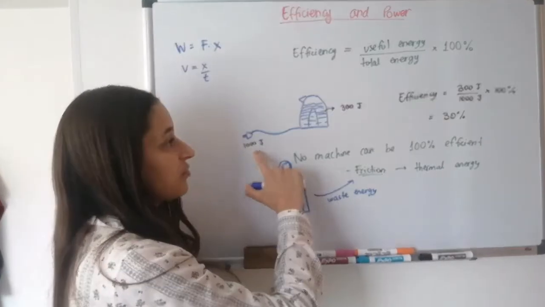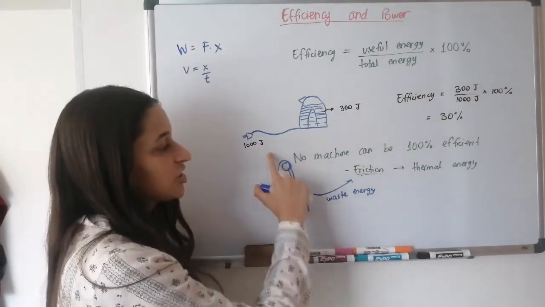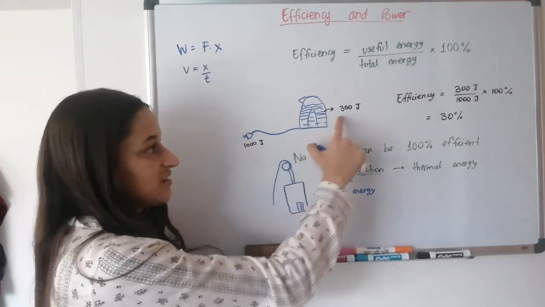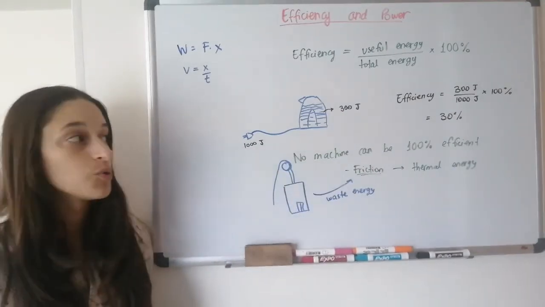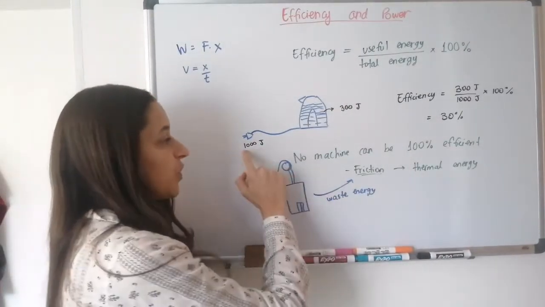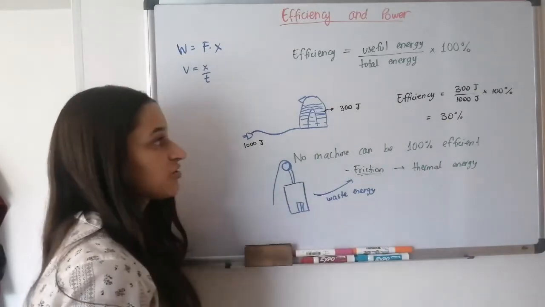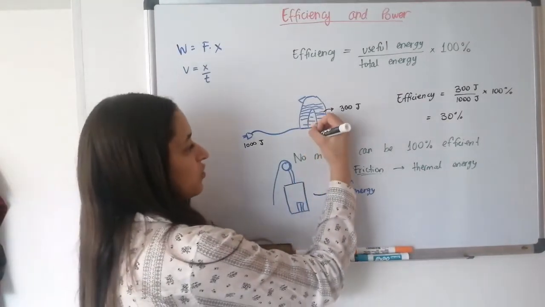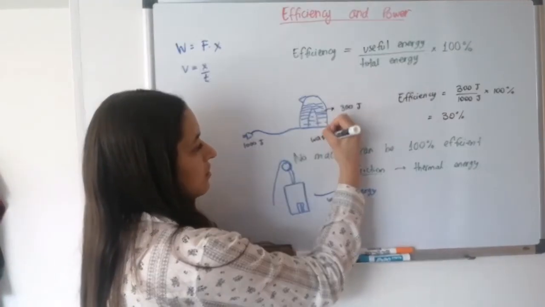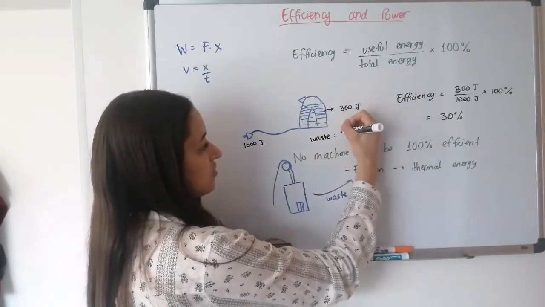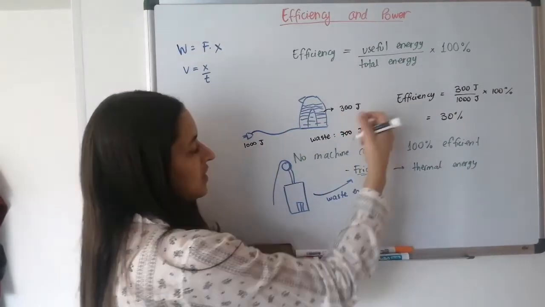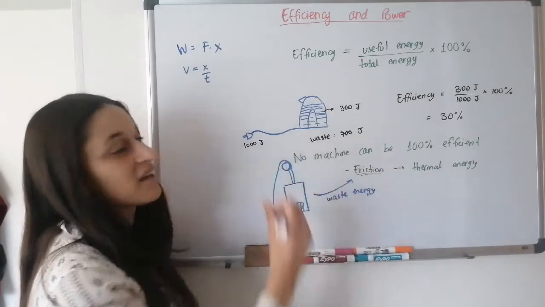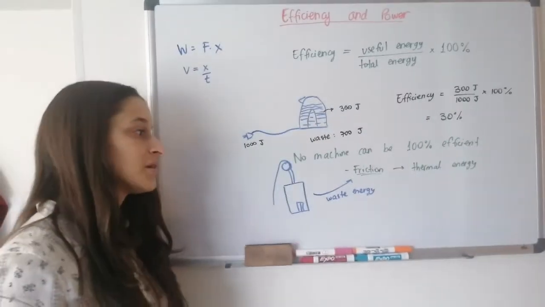So in this case, for example, if 1,000 was the total energy, how much energy was wasted if only 300 were useful? Well, 1,000 minus 300, the total energy minus the useful energy, will give you a waste of 700 joules. Right? So the waste plus the useful has to equal the total energy, of course.